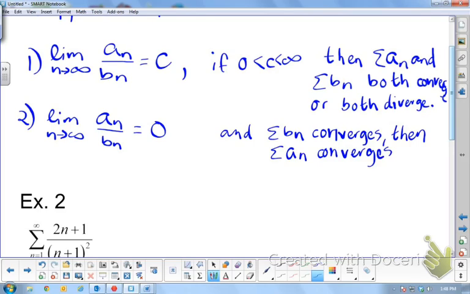But if b sub n diverged and the limit came out as 0, then that gives me no information at all. We don't know anything.